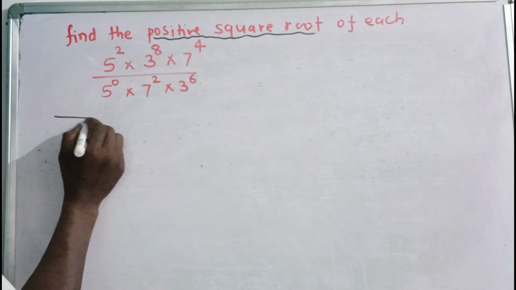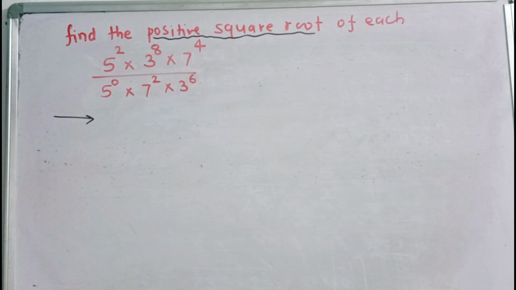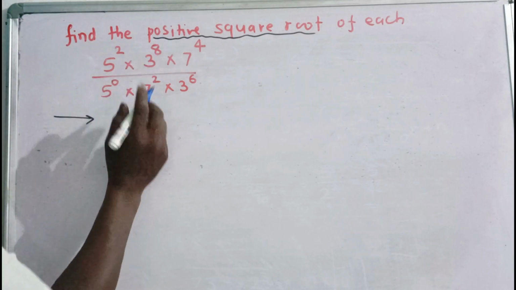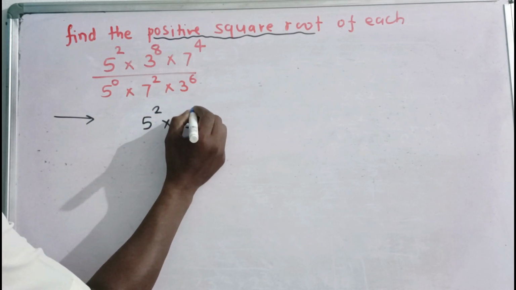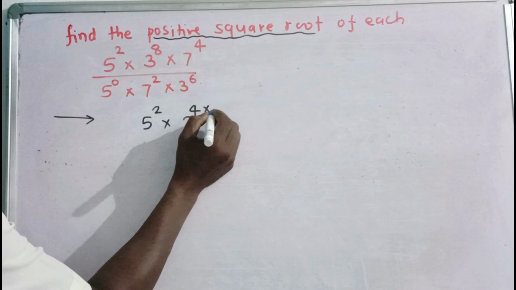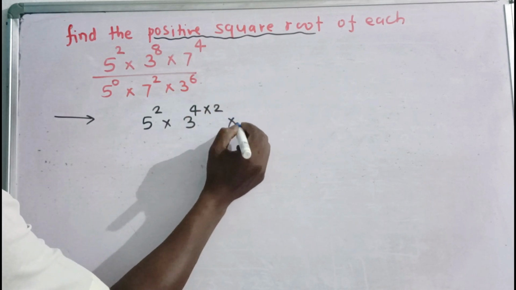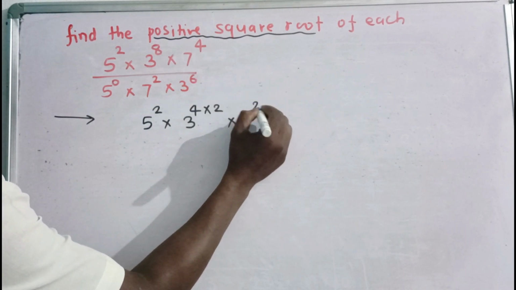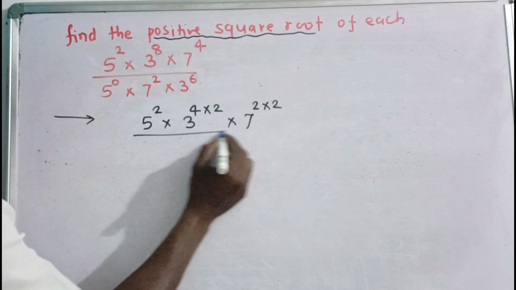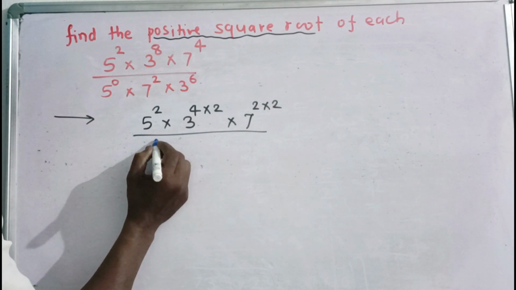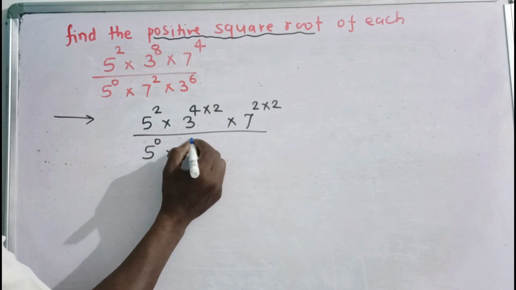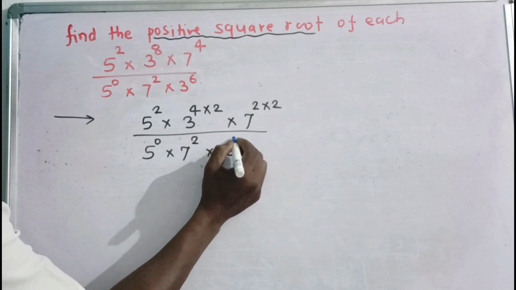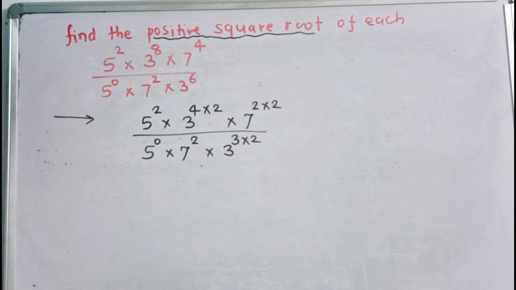वेरी सिंपल प्रॉब्लम, आप थोड़ा सा पॉज करके सॉल्व करने की कोशिश कर सकते हैं। नाउ हियर 5 square into 3 raised to the power 4 into 2 into 7 raised to the power 2 into 2 divided by 5 raised to the power 0 into 7 raised to the power 2 into 3 raised to the power 3 into 2.